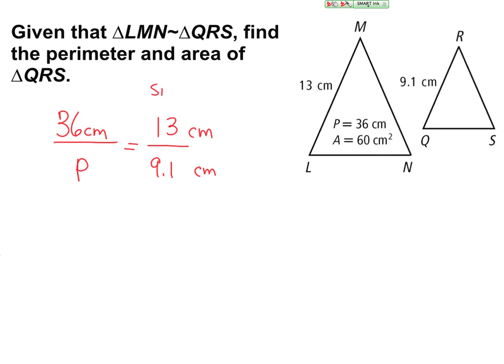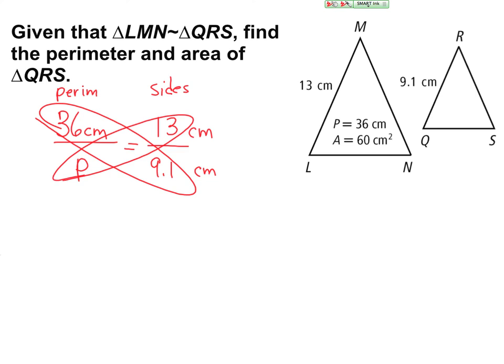These are the sides compared. This is the perimeters compared. They are equal in ratios. So you can cross multiply and find the perimeter of that second figure. 25.2. The perimeter here is 25.2. Makes sense, it's smaller.